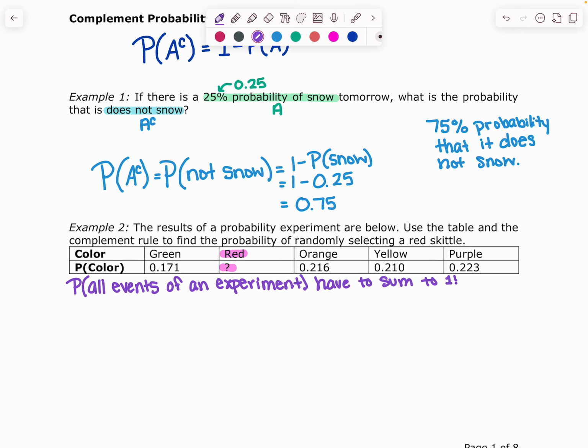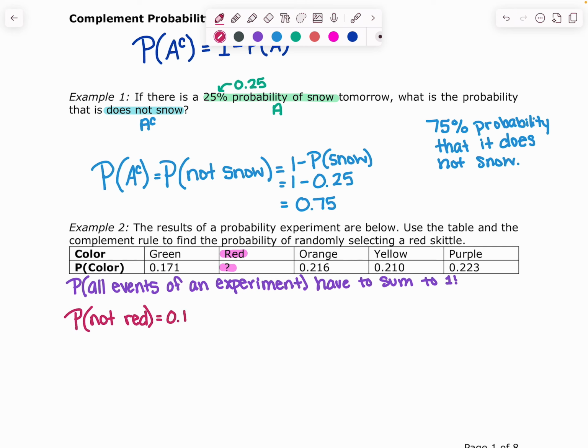So what I'm going to do first is say, okay, what is the probability that I get a Skittle that is not red? So that's all the other colors.